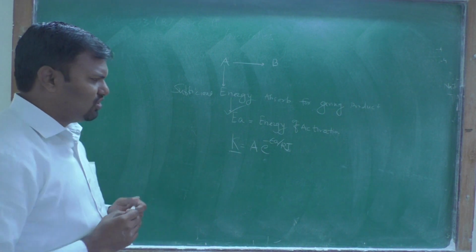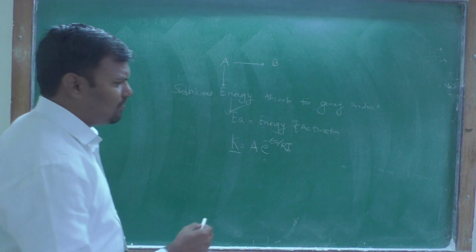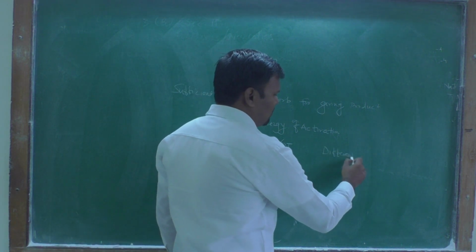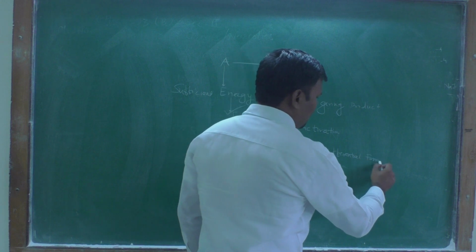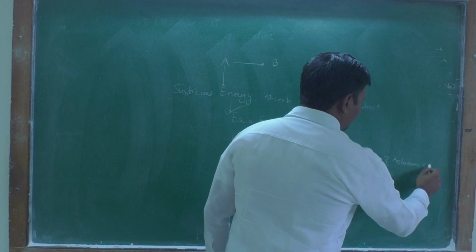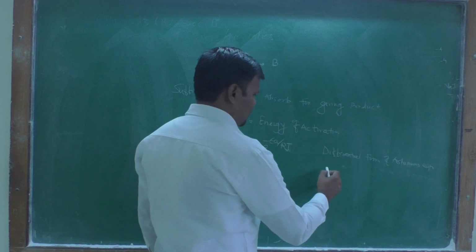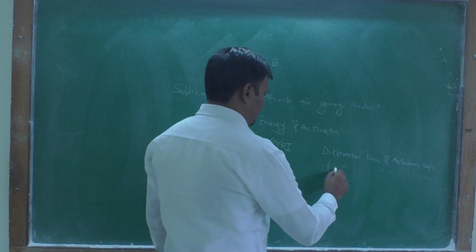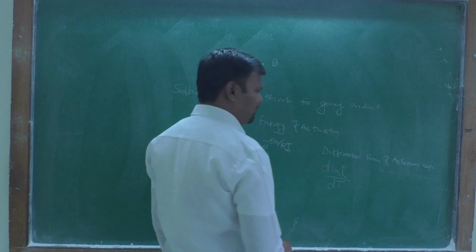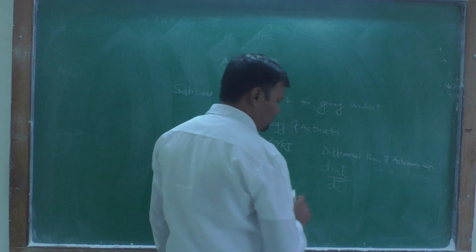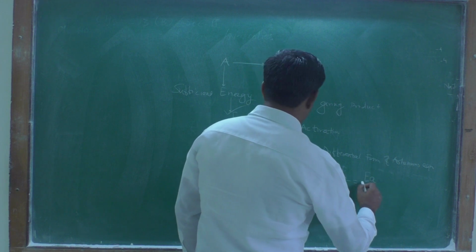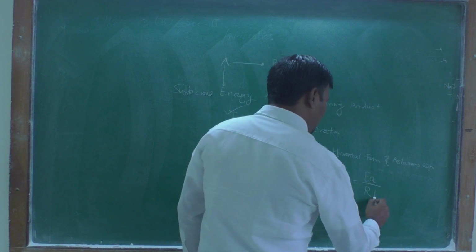When you differentiate this equation, the differential form of the Arrhenius equation will be d ln k with respect to temperature, d ln k by dT, is equal to Ea upon RT square.